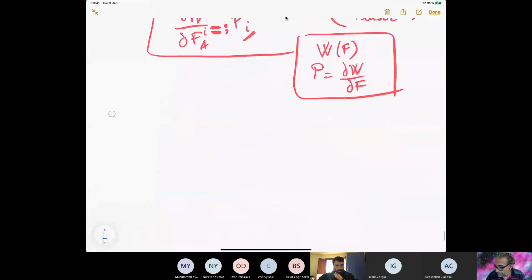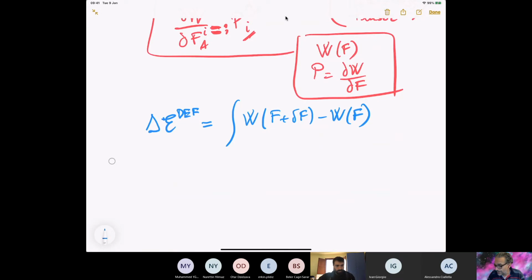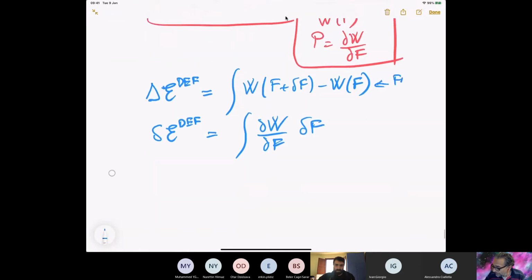So what we have done, we have delta deformation energy, the finite increment of deformation energy, capital delta, integral of W of F plus delta F minus W of F. And we are defining the first variation of deformation energy, which is the integral of dW over dF times delta F. So this is called finite increment, and this is called infinitesimal increment.